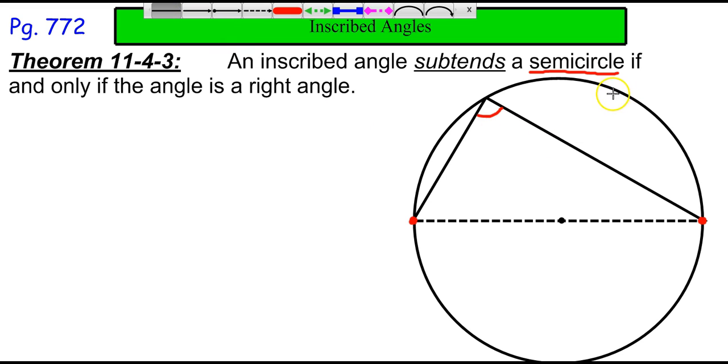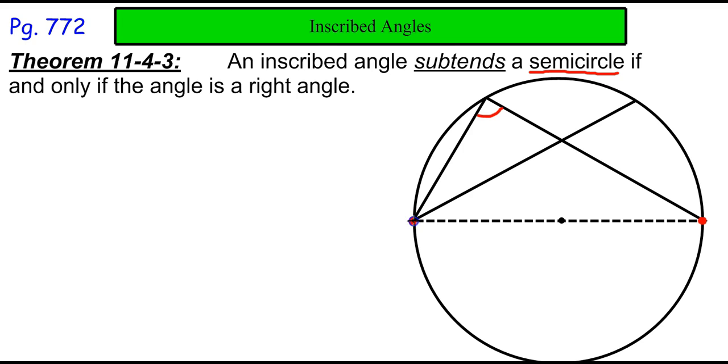This one has endpoints that create a diameter, and this other one does too. Both project to the same arc, which is half the circle, 180 degrees.